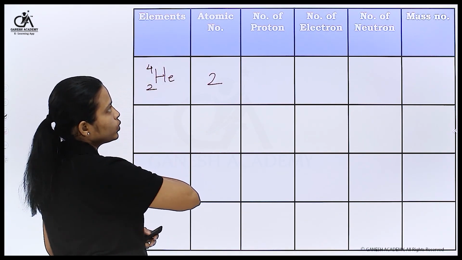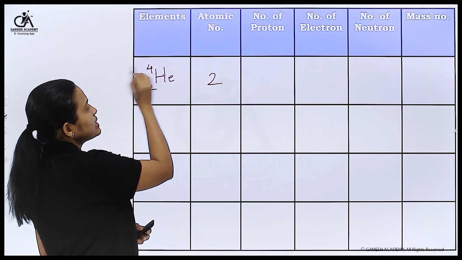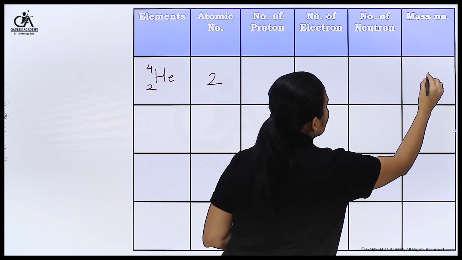So what is the atomic number of helium? It's 2. And what is the mass number? It's 4.